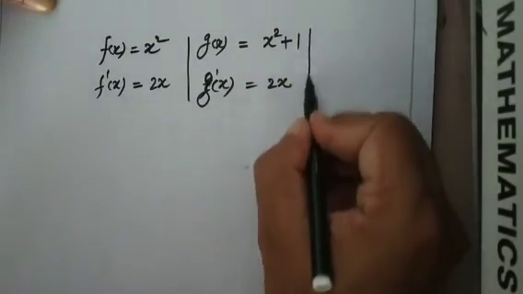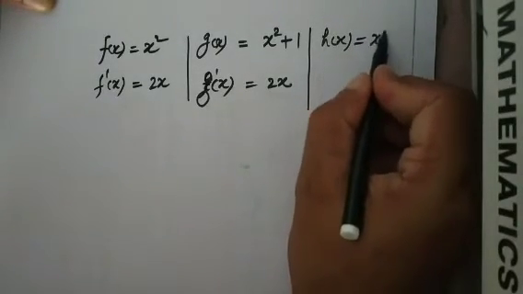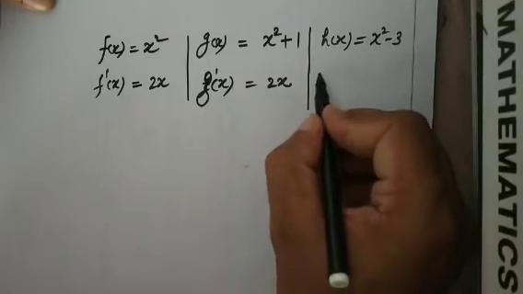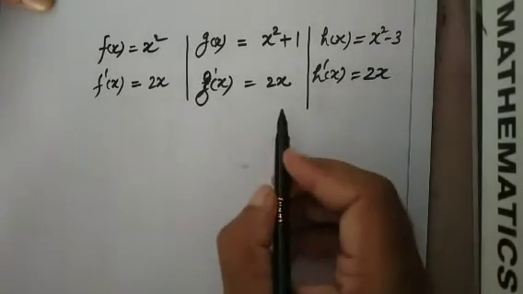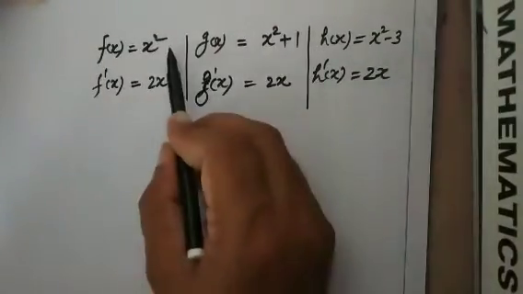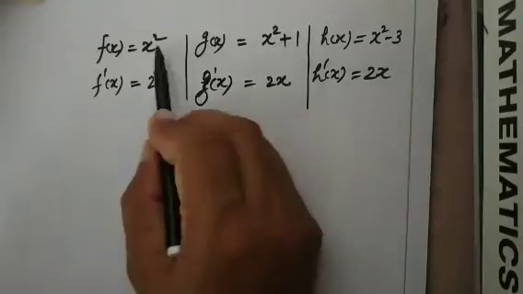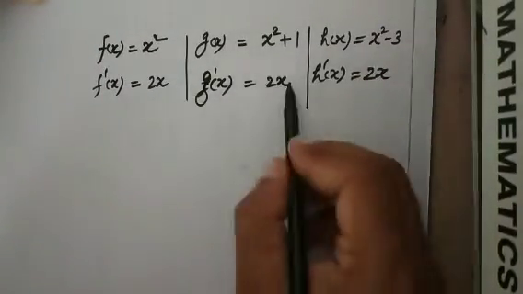Or any other function, suppose h(x), which is x squared minus 3, whose derivative h'(x) is also 2x. You can see that I have taken three different functions, f(x), g(x), h(x). All three are geometrically parabolas, but their derivative is the same, 2x.